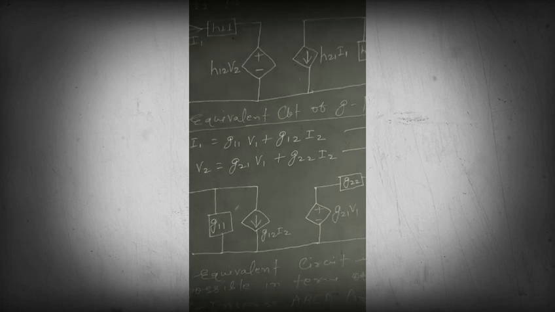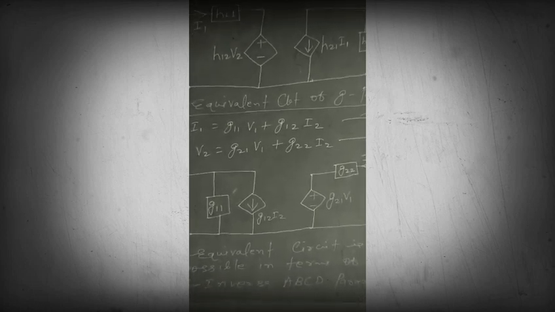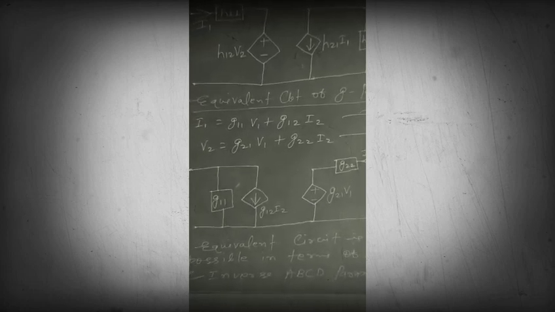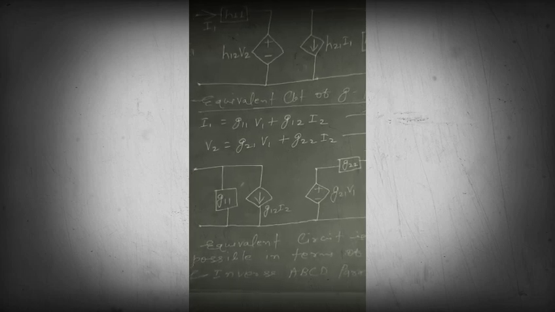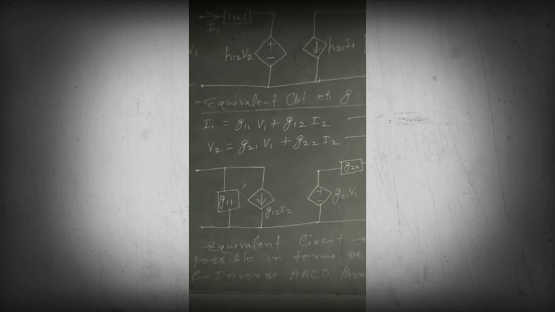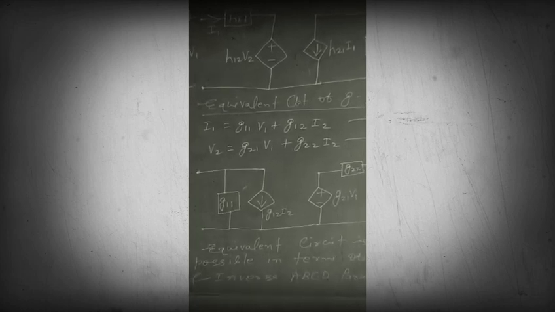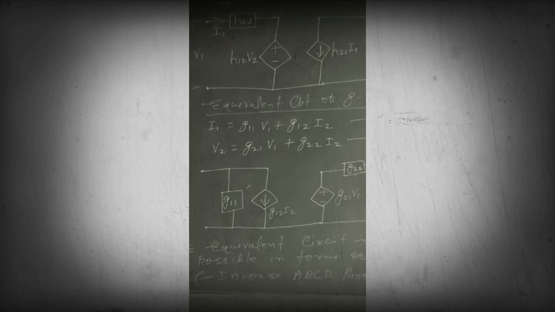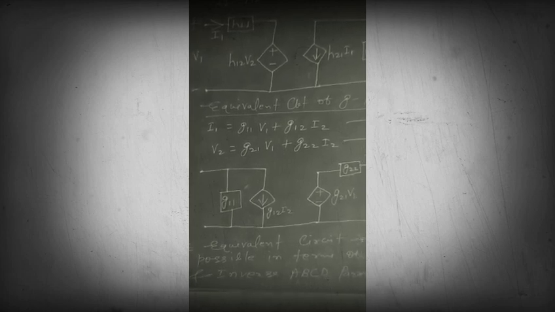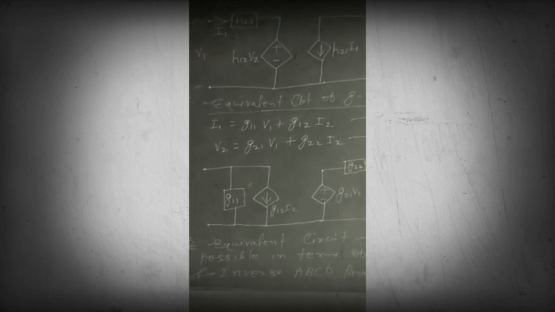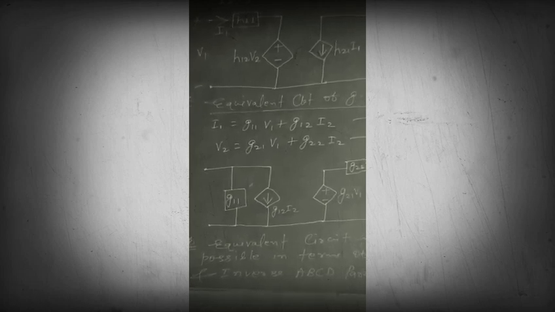Next is the equivalent circuit of ABCD parameters. When we write the equation for ABCD parameters, we write the voltage V1 equal to A into V2 minus B into minus I2.